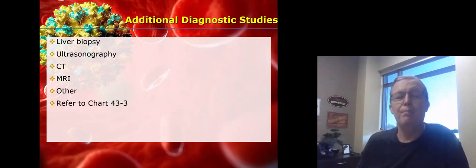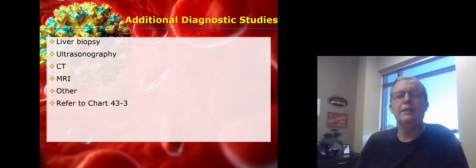CT allows a more penetrative, non-invasive view that helps look at things like abscess or perhaps a full and distended gallbladder, or things that look and appear like gallstones. Those things can show up on CT scan and might be ambiguous by ultrasound.